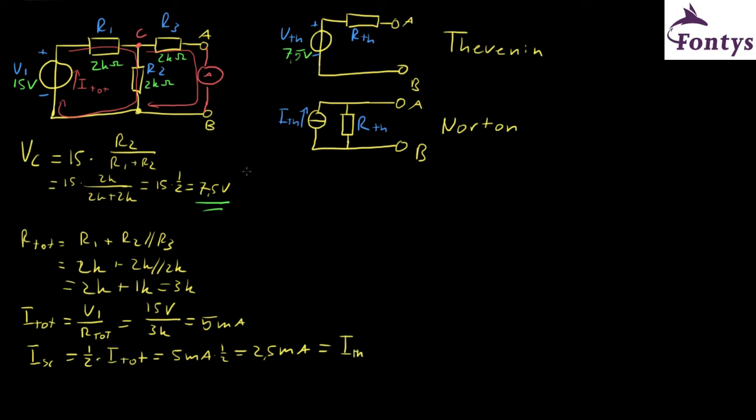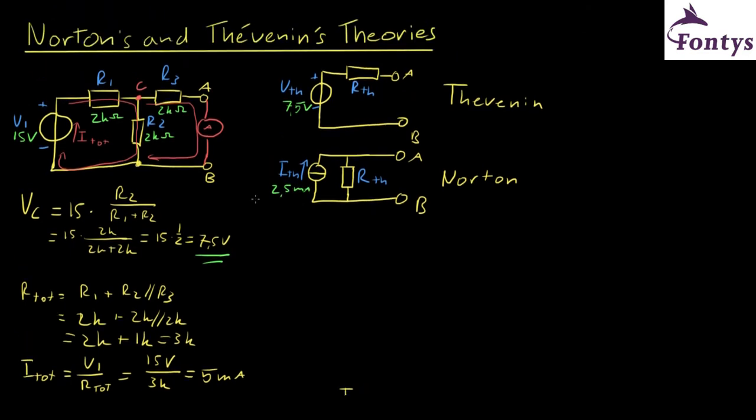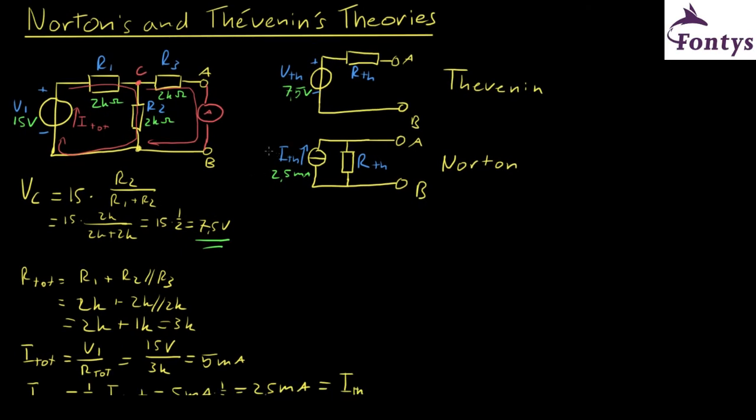So by now we've already completed most of our unknown values, because we know the Thevenin voltage, we know the Thevenin current, which is 2.5 milliamps. But now we have to calculate the Thevenin resistor. For R Thevenin, you have to divide the Thevenin voltage by the Thevenin current. That's why you have to calculate the Thevenin current first.